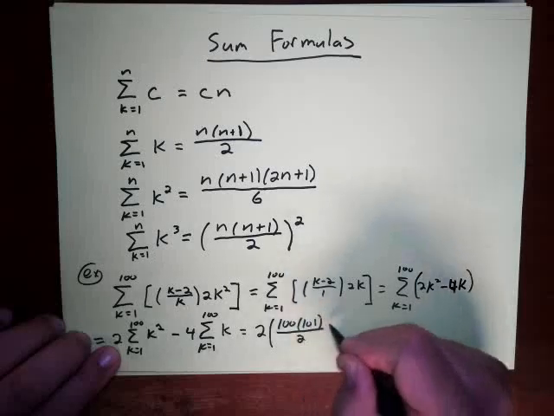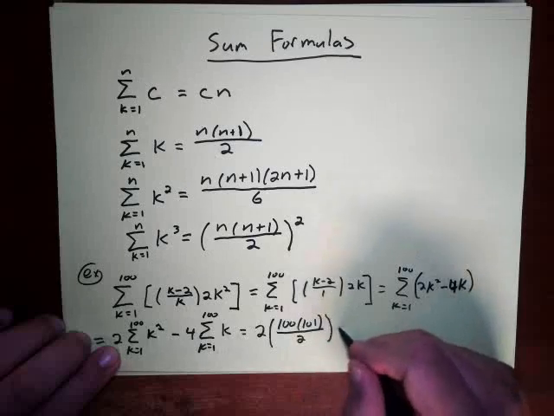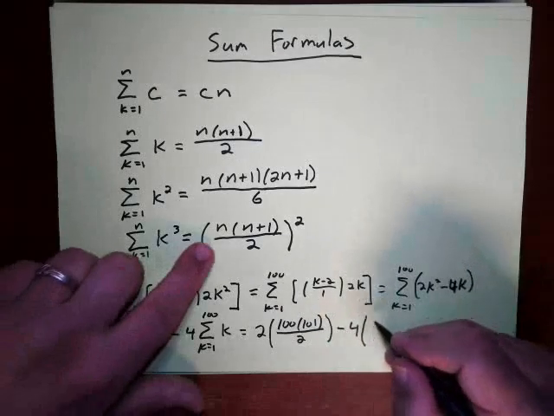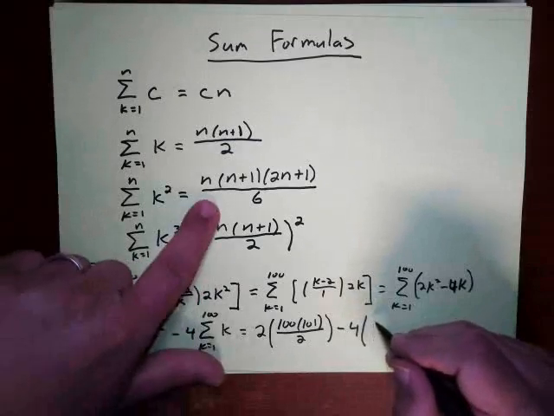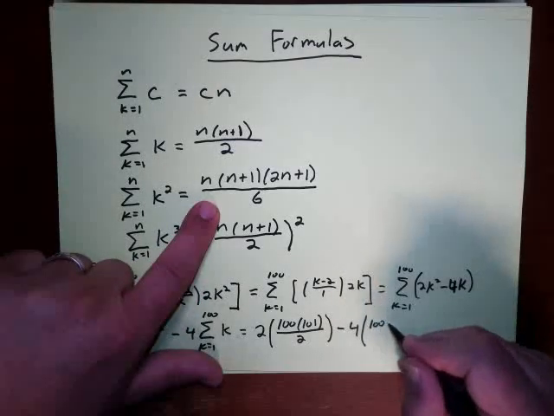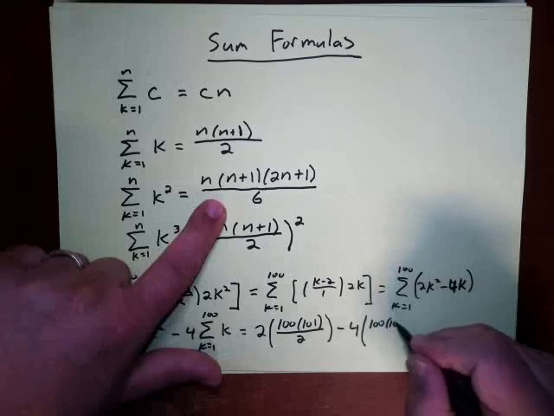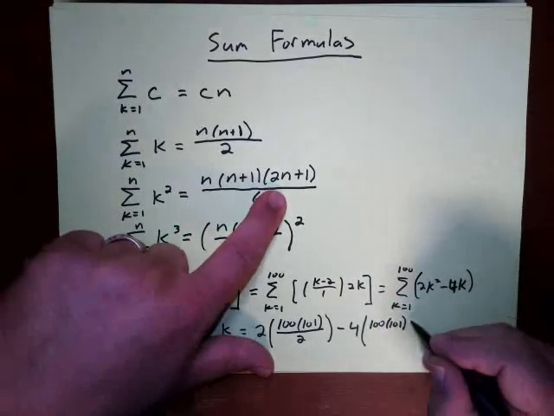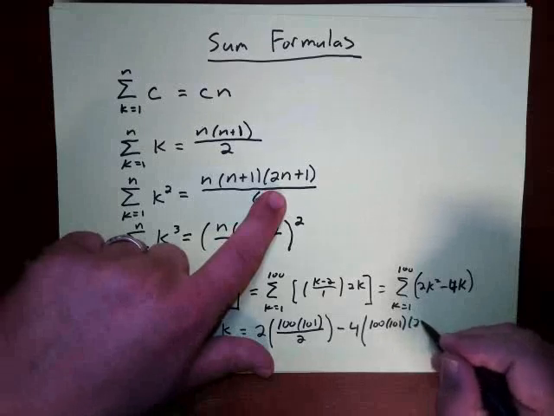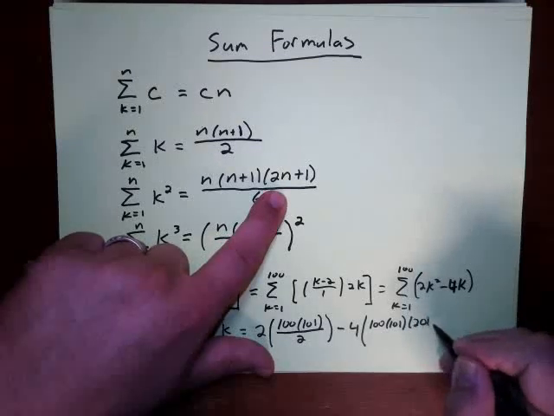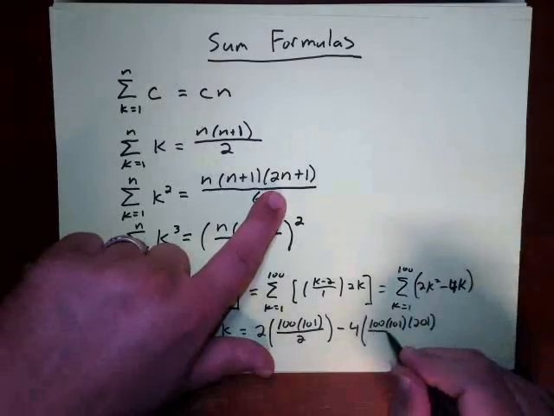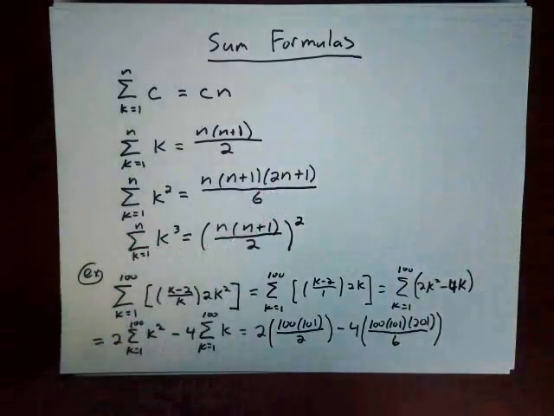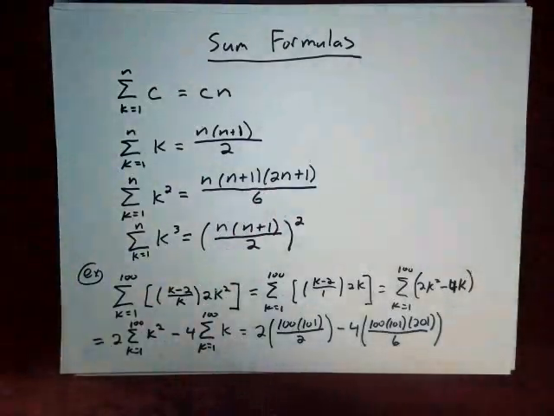So for this one, we would get 2 times, this would be 100 times 101 all over 2. And this would be minus 4 times, this would be this one here, 100 times 101 times 201, all over 6. And I think this would be a good one to put in my calculator.